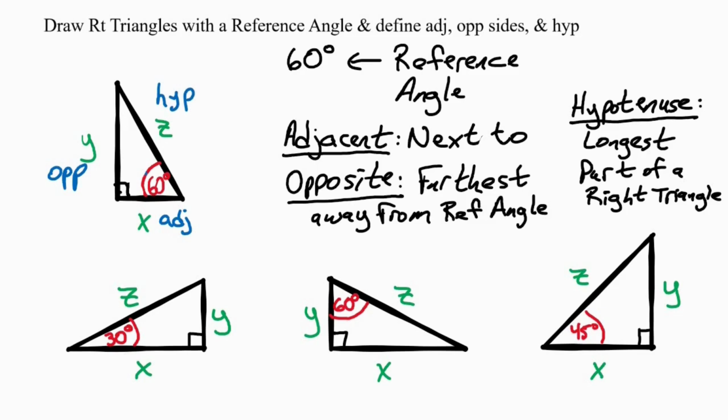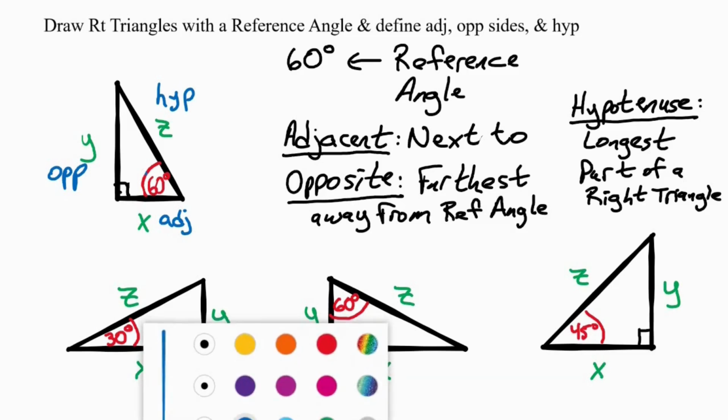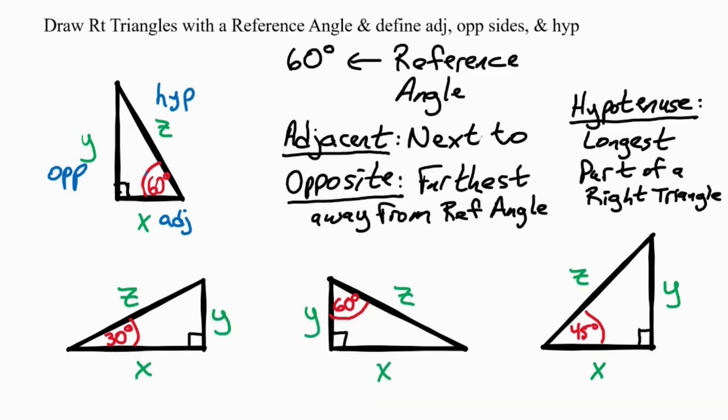Okay, so let's just go through these examples again. I actually like to identify the opposite side first, and then the adjacent, and then the hypotenuse. Well, I'm sure that you're used to identifying the hypotenuse of right triangles, so we could start there. So for this triangle over here, z is our hypotenuse, and then which one is the opposite side?